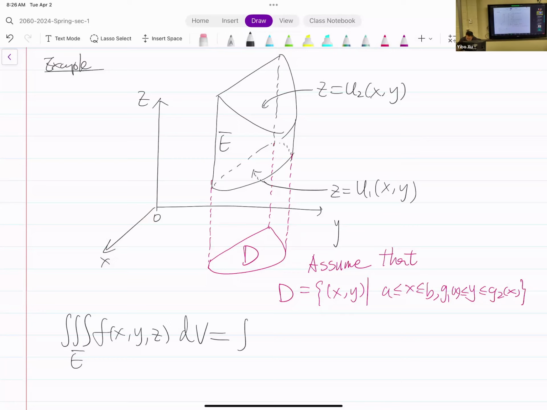So for x from a to b, dx, we keep it there. For y, we have g1 of x as the lower bound, g2 of x as the upper bound, dy. So far, that's just describing the region D, right? But now we introduce the bounds for z. So now z goes from u1 of xy to u2 of xy. Okay.